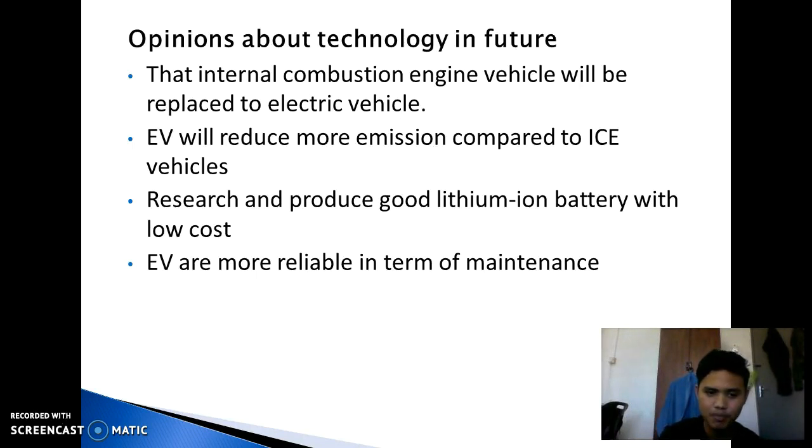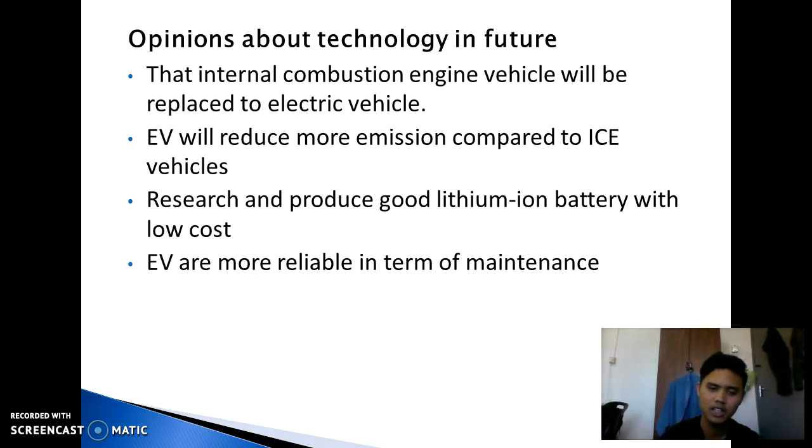So lastly, electric vehicles are more reliable in terms of maintenance. Why do I say this? This is because ICE vehicles consist of around 2,000 plus moving parts, which can wear and need maintenance from time to time.